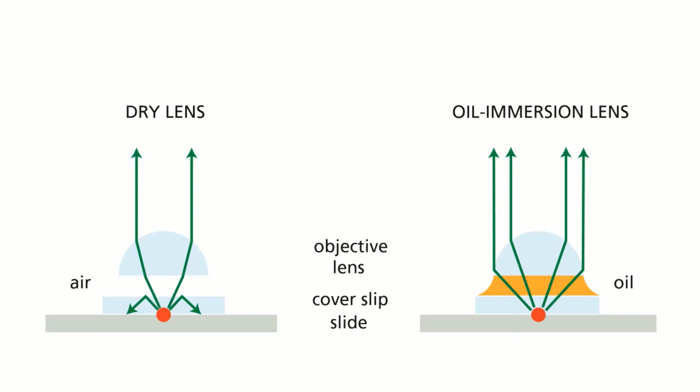But on the right side, when we use the immersion oil, it practically has the same refractive index as both the cover slip and the objective lens.